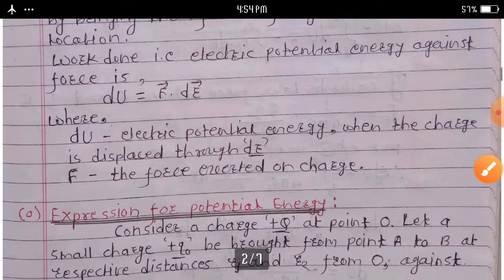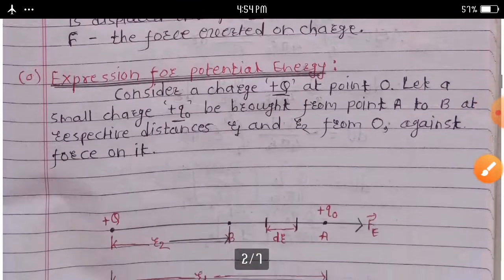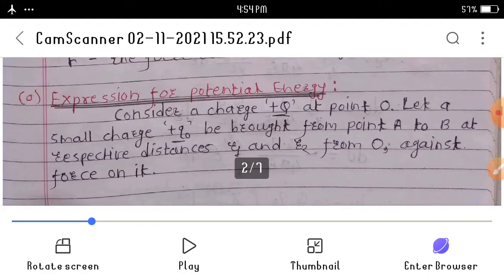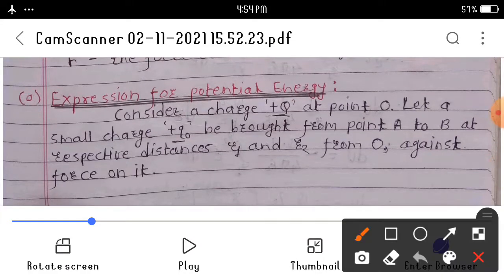Then we derive the expression for potential energy.